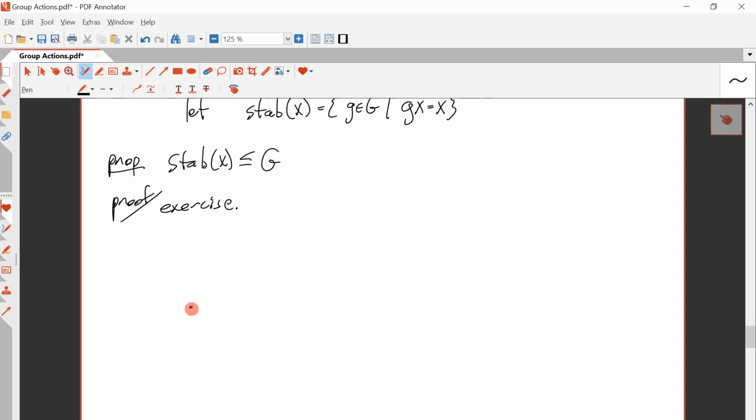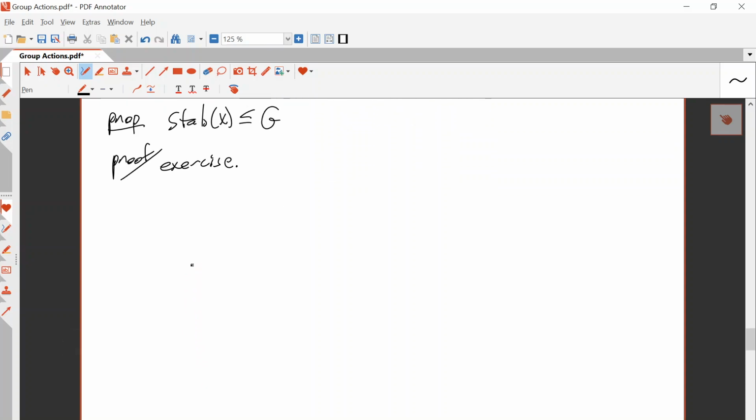All right, so that's a subgroup of G. But then the big result here is the following theorem. So this is called the orbit stabilizer theorem. And it says the following.